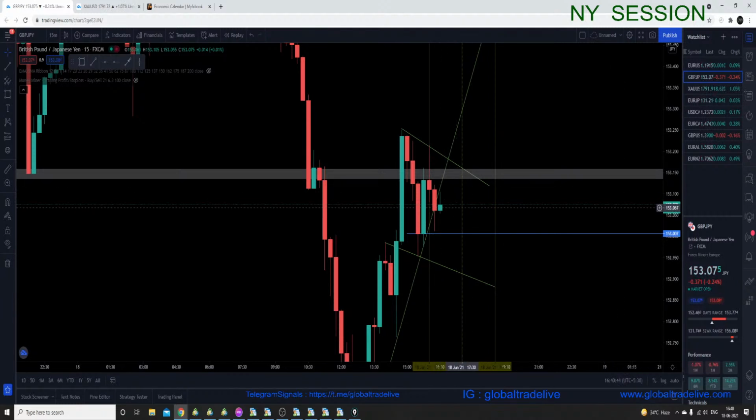Looks like the 15-minute candle will be closing bullish over here. The 15-minute candle is not breaking the previous candle's high and not breaking the previous candle's low.